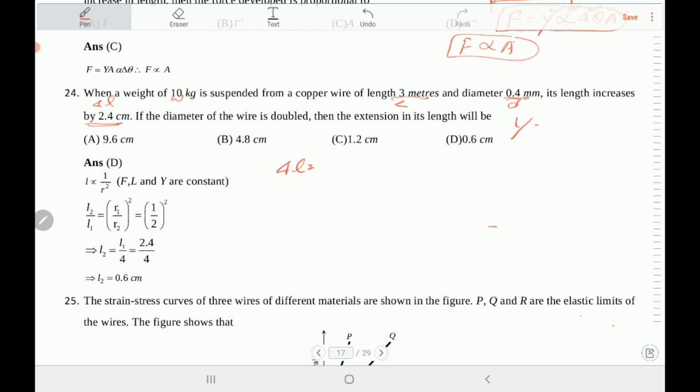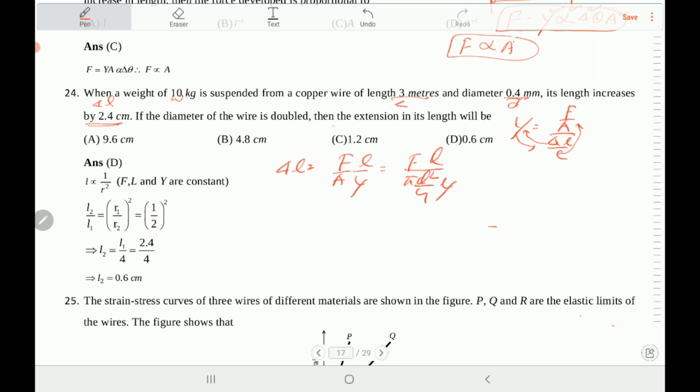The formula is Y, that is F divided by A, delta L by L. So delta L comes to the left side, Y to the denominator and L to the numerator. Finally, you can write delta L, that is F divided by A, L by Y. Now, diameter is given, that's why F L divided by pi d square by 4 into Y.